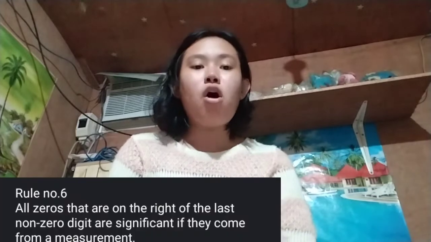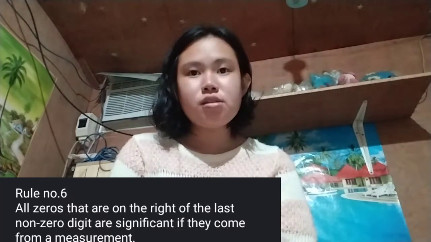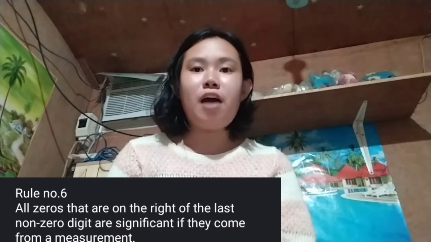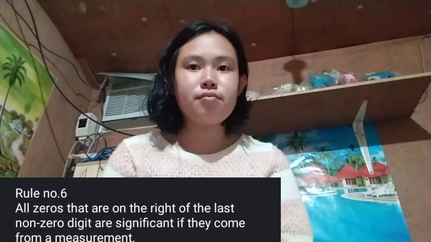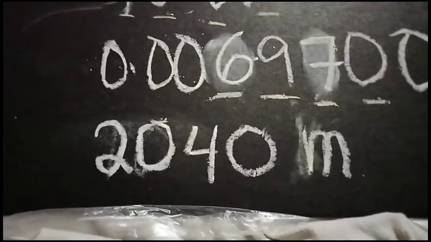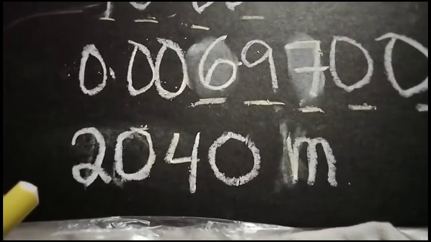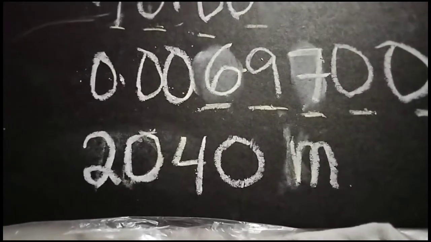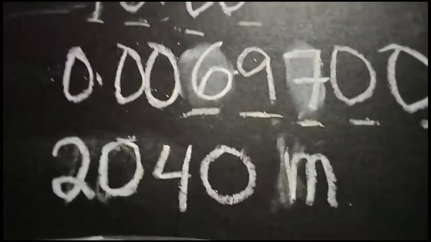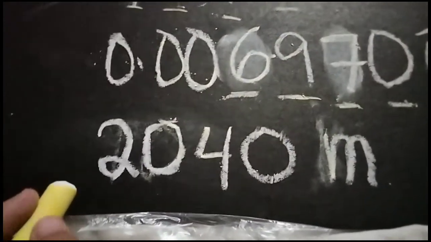Rule number 6: all zeros on the right of the last non-zero digit are significant if they come from a measurement, like an example of meters or kilometers, etc. If the example is from a measurement, it can be counted as significant figures.